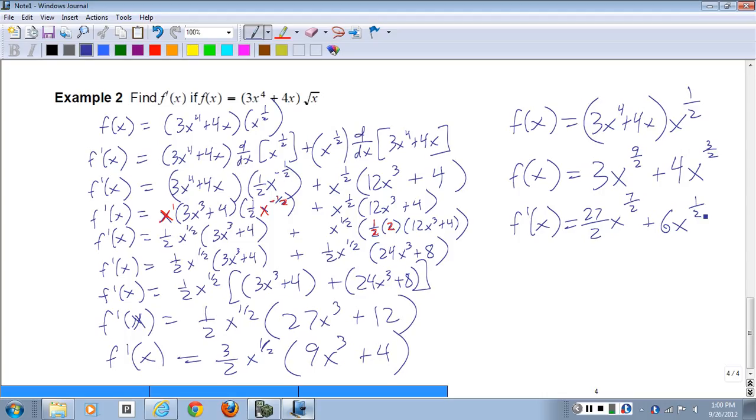Or you could factor out 3 halves x to the 1/2, and I think you have 9x cubed right there plus 4. Wow. Clearly my objective here is not to sell you on the efficiency of the product rule.